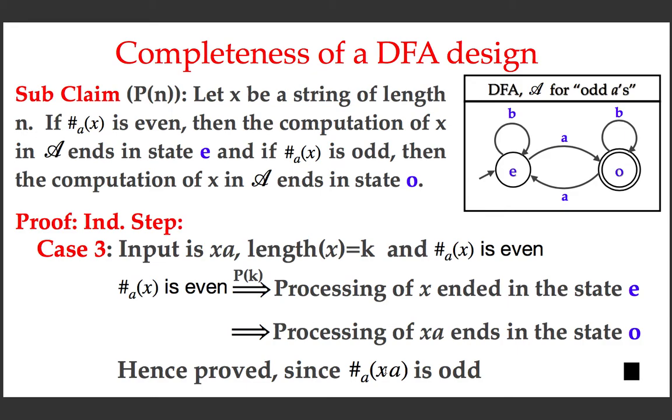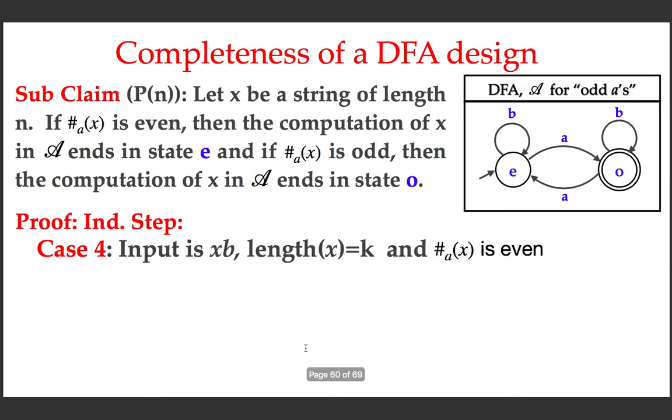Why? Because from the assumption, the number of A's in X is even, plus one more A means an odd number. When you processed a string of length k plus 1 where the number of A's is odd, you entered state O and hence you are done.